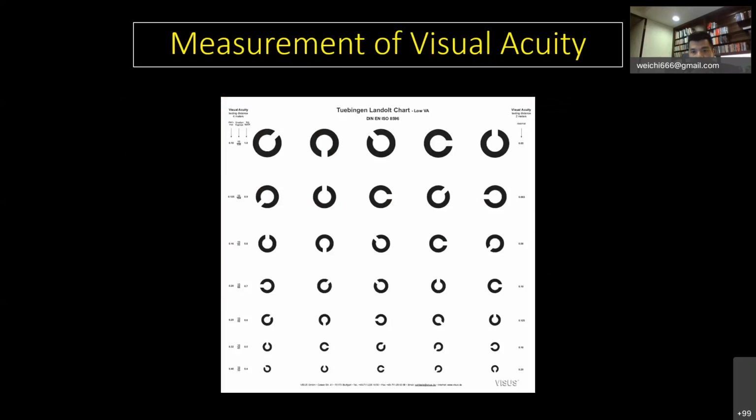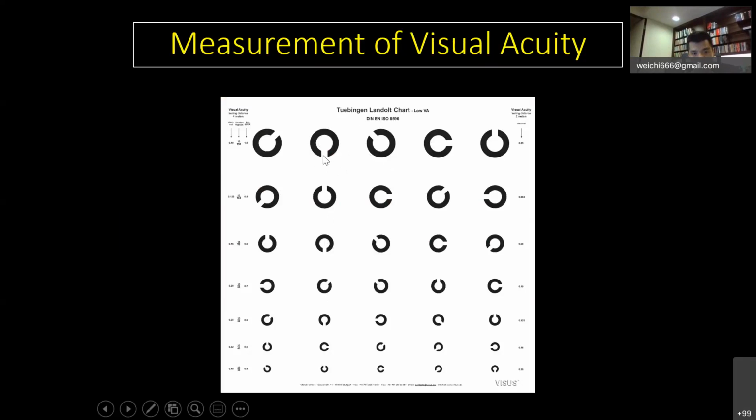Then in the clinic, you must have seen this chart, the visual acuity chart, used to document the patient's vision. So you could see you have a bigger letter, then gradually a smaller one.